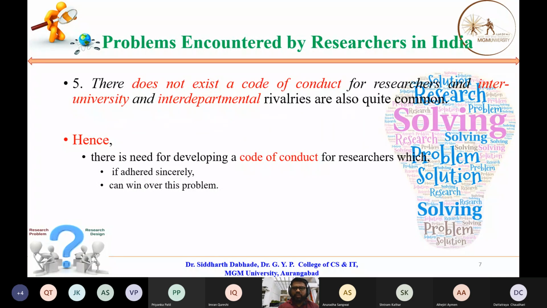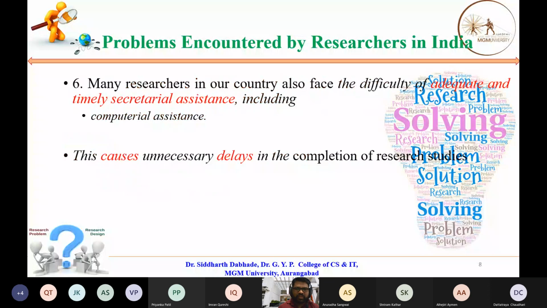Instead of just copy pasting the contents, we need to write our own contribution, our own opinion, and on the basis of that opinion, create new knowledge. Therefore we require a code of conduct. No code of conduct is being followed in most of the universities. That is the biggest challenge.